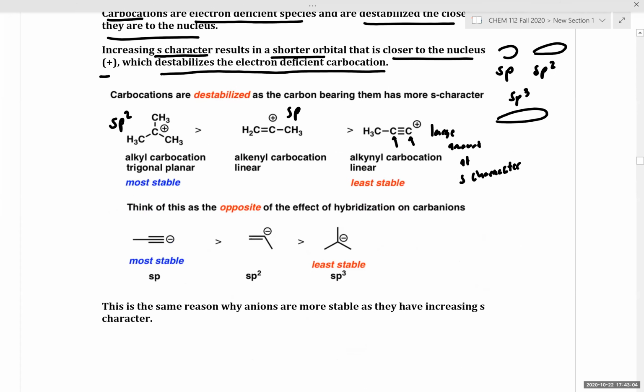Okay, so the best analogy I can think of is this trend is the exact opposite for our stability trend for carbon-centered anions, right? Where our sp3 anion is the least stable because this anion is held in an orbital farther from the nucleus.